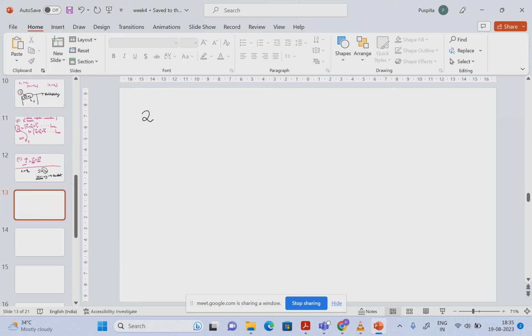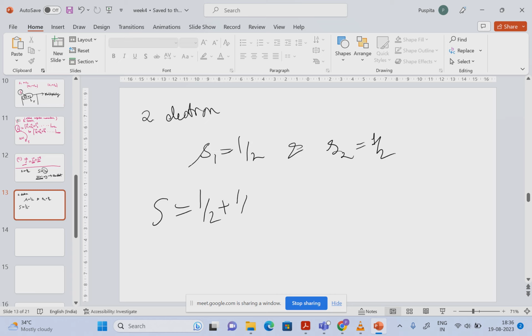Okay, if there are 2 electrons, s1 is equal to half and s2 is equal to half. Then S will be what? From half plus half to half minus half. So half plus half will be 1 and half minus half will be 0.